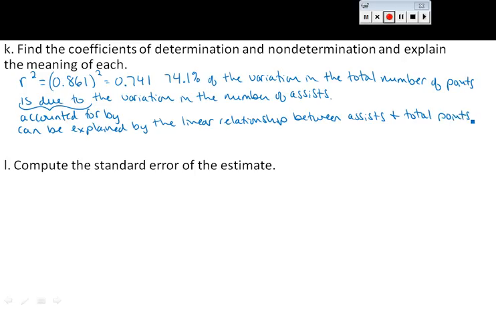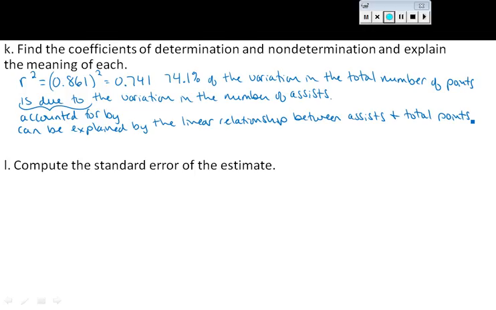So several ways you can phrase it. You're not even limited to these. These are just 3 different options for us. When you're talking about can be explained by the linear relationship between assists and total points, we're taking a look at now that linear regression equation, that linear regression line that we drew. So you can use any of those explanations you would like.